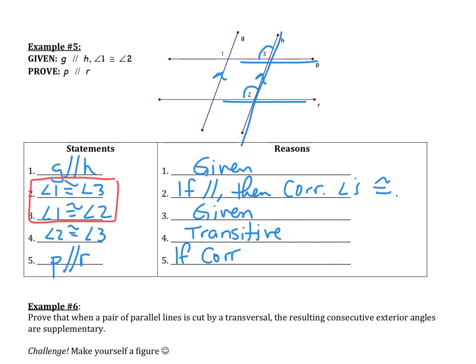So things to point out. Notice on line 2, we said congruent, we finished with congruent. Line 5, we said parallel, we concluded parallel. Those are the teaching points that you have to understand in order to help do this.